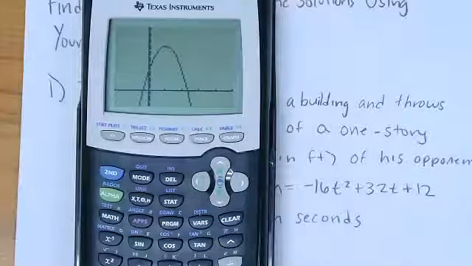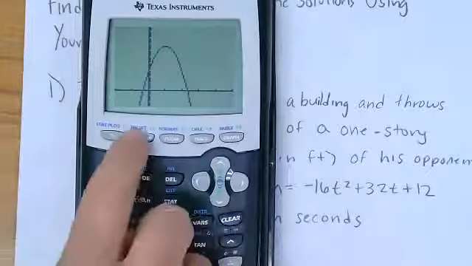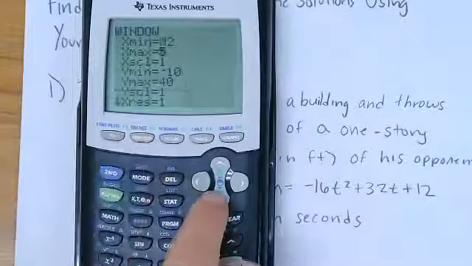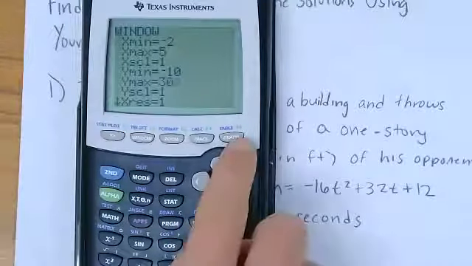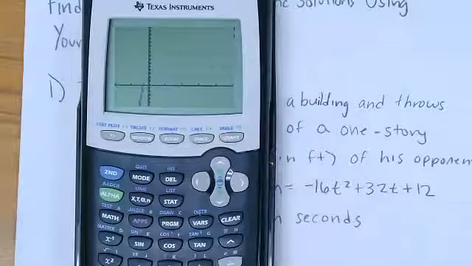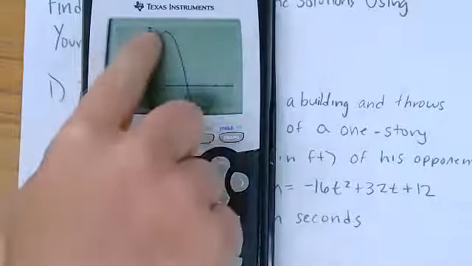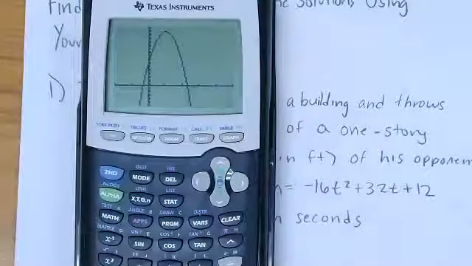If this seems like it's a little bit too low here, you could go back to the window if you wanted to, and you can even change this to be a 30. And let's see how that looks. So that's the Y maximum. So let's graph that. That looks pretty good. And so you can see that our maximum Y value is 30 right here, and that's a little bit below it.